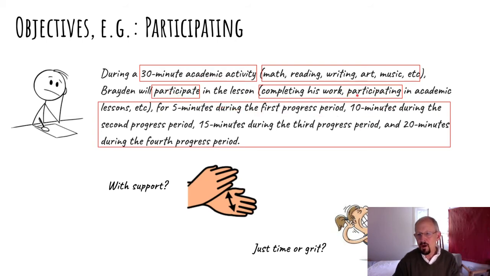So what does participation look like for Braden? Well, participation might be actively working on a worksheet. If it's a conversation, it's engaging in questions and answers. It's paying attention, whole body listening. So we want to define participation methodologically so that it's clearly observed in terms of behavior.